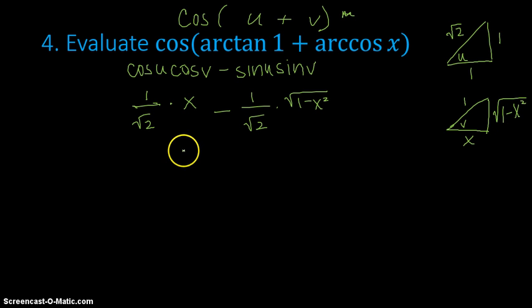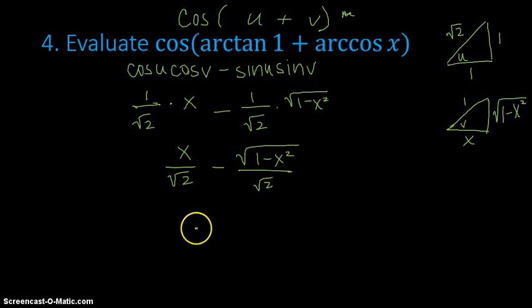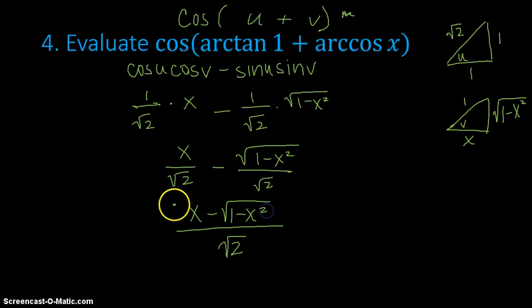When I multiply over here, I end up with x over radical 2. This is minus, and then this will be the square root of 1 minus x squared over radical 2. So when I combine these with my common denominator, which is radical 2, I end up with x minus the square root of 1 minus x squared, all over radical 2.